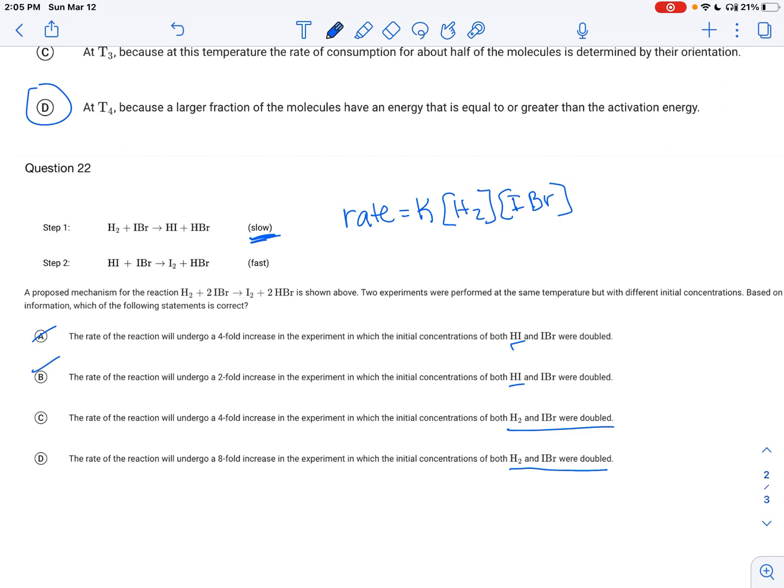Let's see what would happen to the rates if we doubled them. If we started with it being 1, we would get 1K. If we had it being 2, we would get 4K. So that's going to be times 4. So the answer must be C.